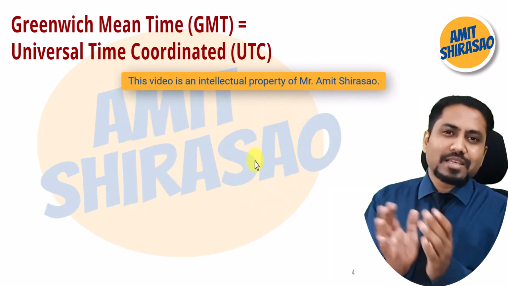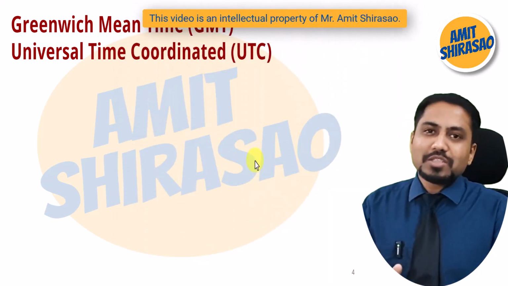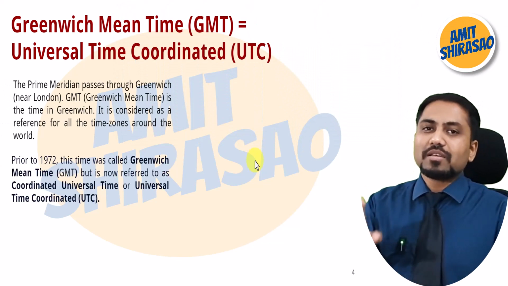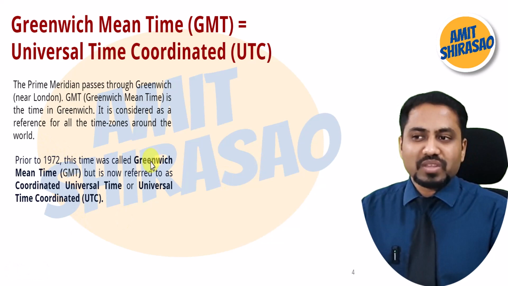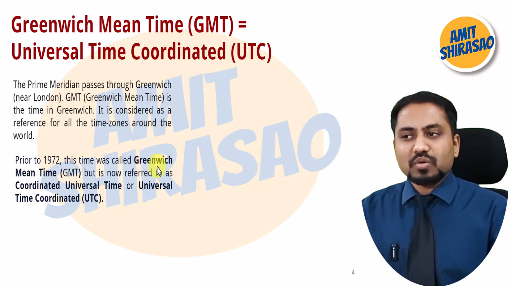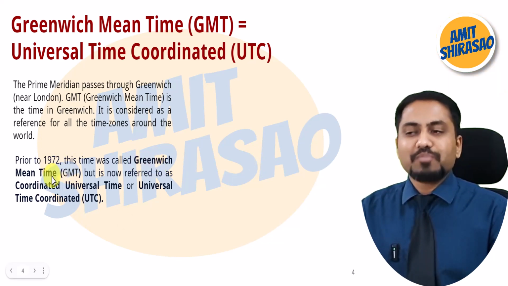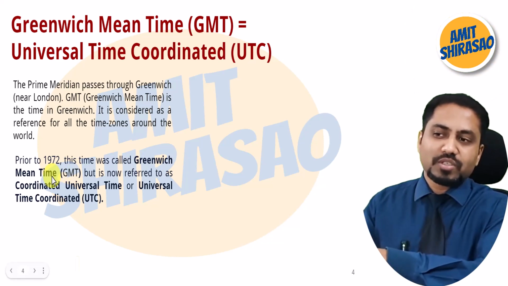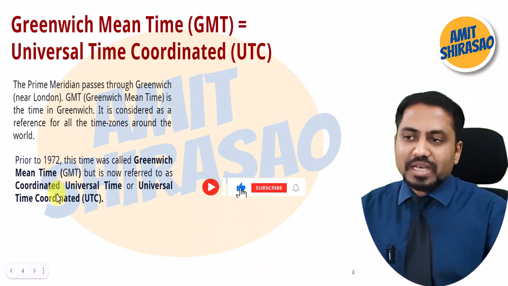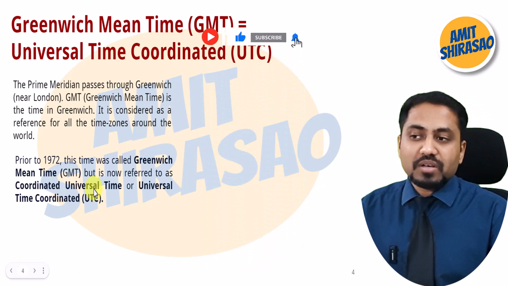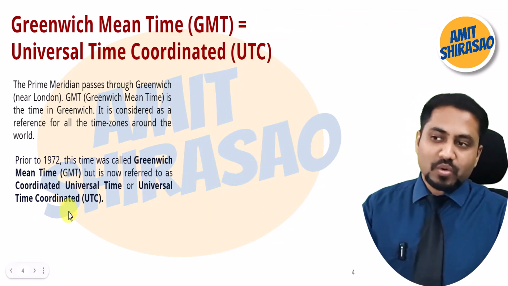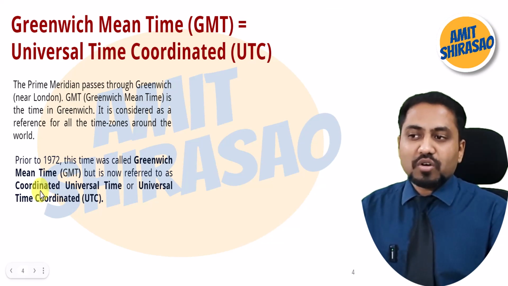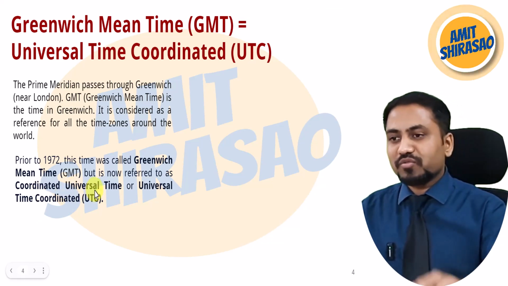After 1972, Greenwich Mean Time itself is being called Universal Time. Up to 1972 it was called Greenwich Mean Time, and now it is referred to as Coordinated Universal Time, or Universal Time Coordinated. Okay, so Coordinated Universal Time is also another name of UTC.